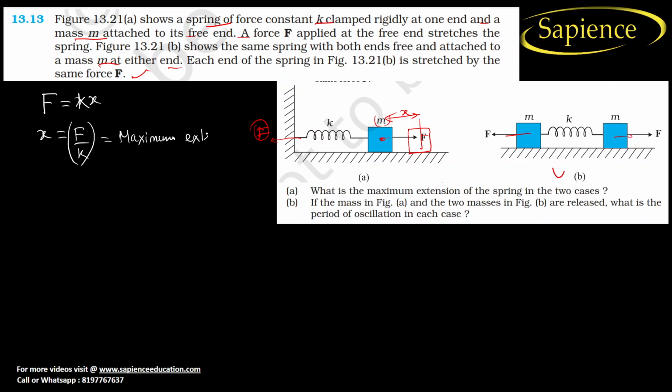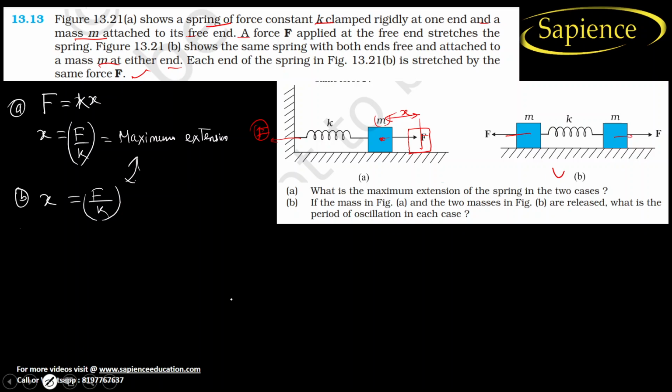In case 2 also, x is equal to F by K, because we have only spring constant K, mass M and applied force F. So in case A as well as B, both have the same answer.